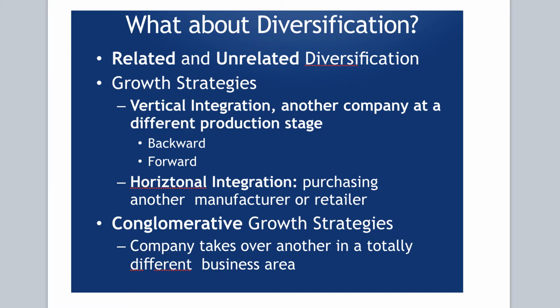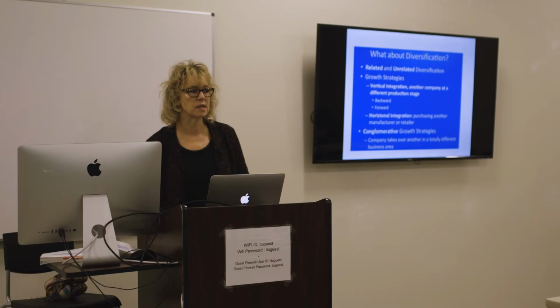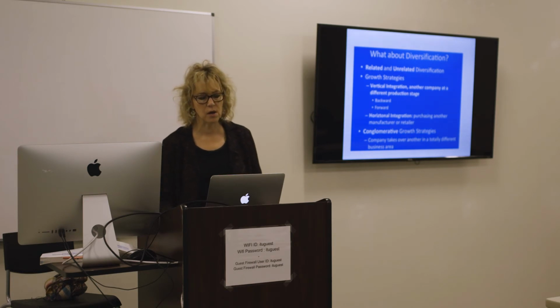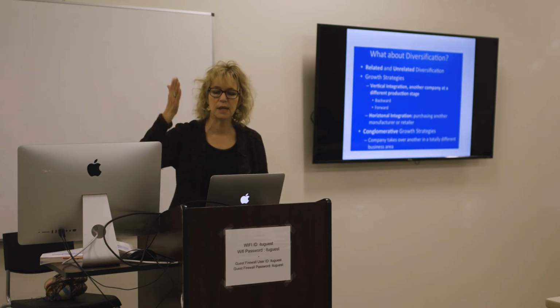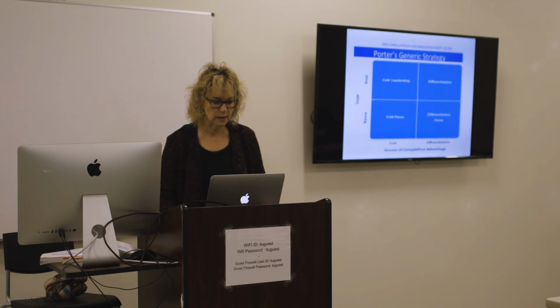There are conglomerate growth strategies, where a company like Virgin Limited would buy companies that focus on maybe environmental factors. They're an airline company, and they have lots of different organizations that they purchase just to become a conglomerate and to grow their overall revenue, not necessarily with the same type of product that they're selling.